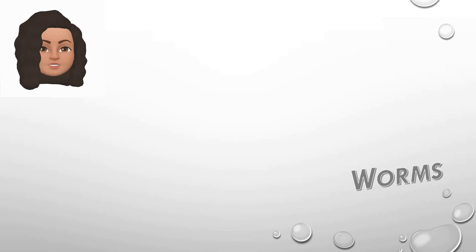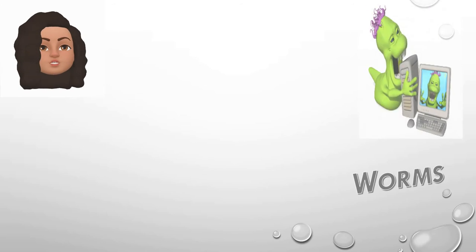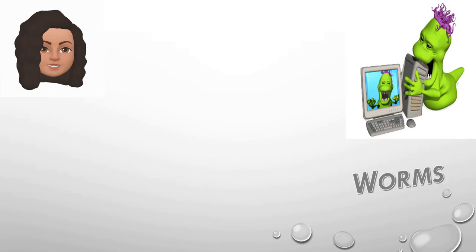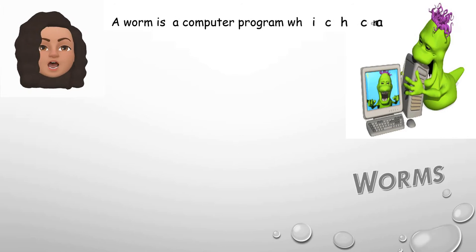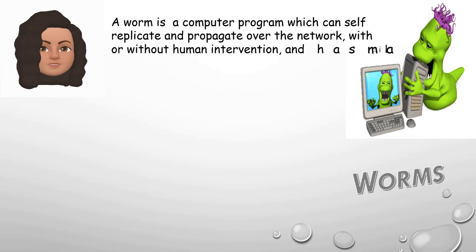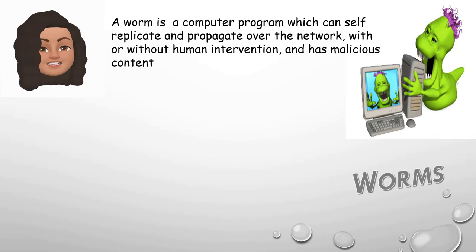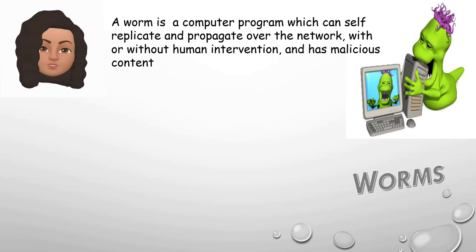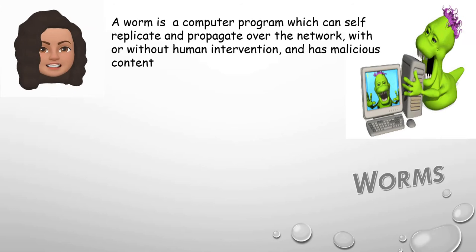Worms. A worm is a self-replicating program. A worm runs independently and can travel across the network without human intervention, without human help, right? The characteristics of viruses and worms are more or less the same, but a worm causes more damage.